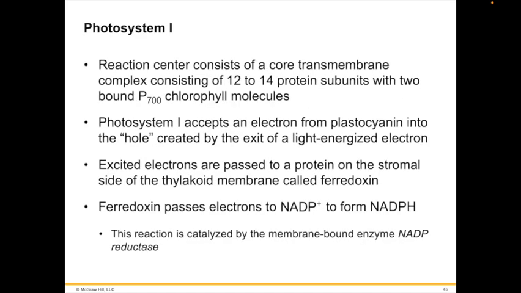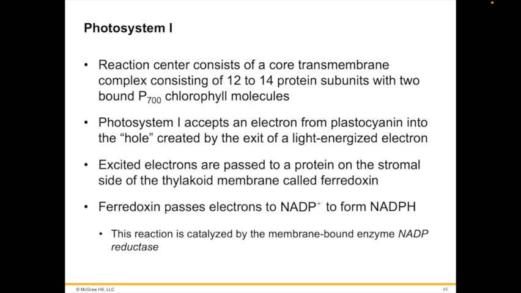The reaction center of photosystem 1 consists of 1 core transmembrane complex consisting of 12 to 14 subunits with 2 bound P700 chlorophyll molecules. Energy is fed to it by an antenna complex consisting of chlorophyll A and accessory pigment molecules.